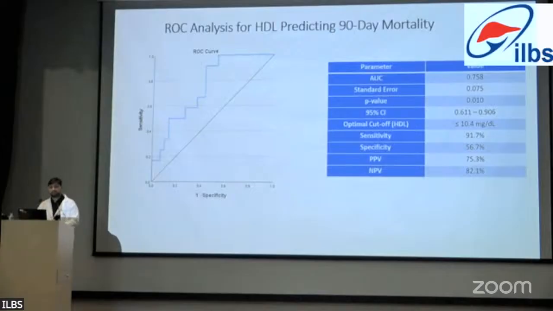The patients having less than 10.4 SDL have high risk of mortality, and above that, the chances of survival were more, with sensitivity of 91%, specificity of 56%. Positive predictive value was 75% and negative predictive value was 82%. And area under curve was 0.758.